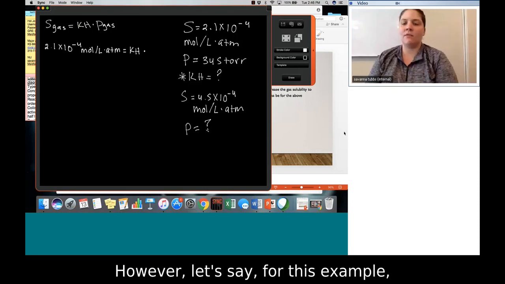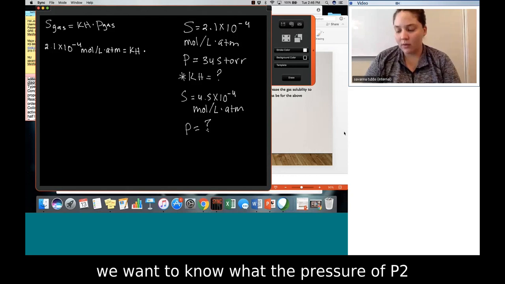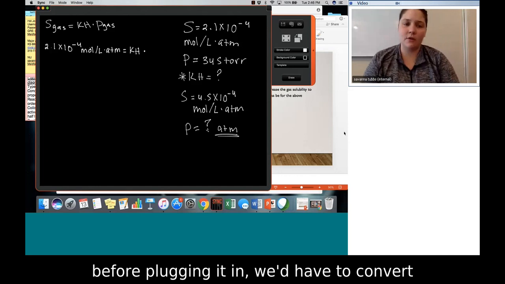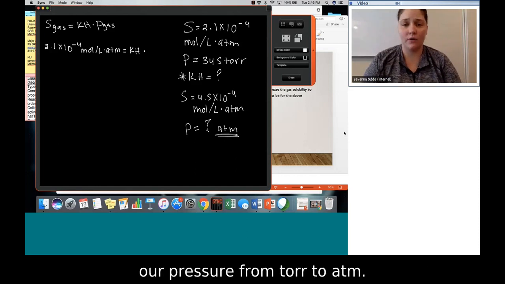However, let's say for this example, we want to know what the pressure of P2 is in ATM, which means that we would have to first, before plugging it in, convert our pressure from torr to ATM.